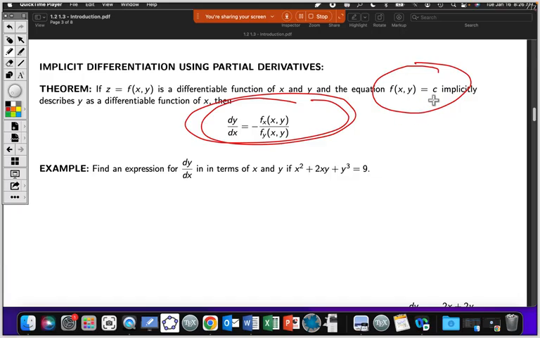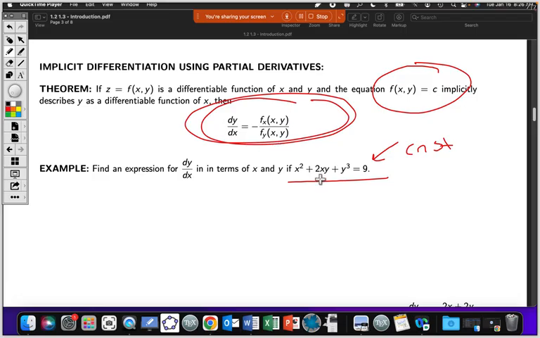So basically, if you've got things arranged this way, you got a bunch of x's and y's over here equal to a constant, then you can actually find the ordinary derivative dy dx implicitly using this formula. All right. We're going to be using this over and over again here this week.